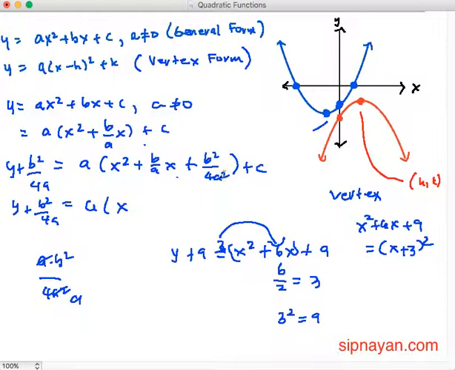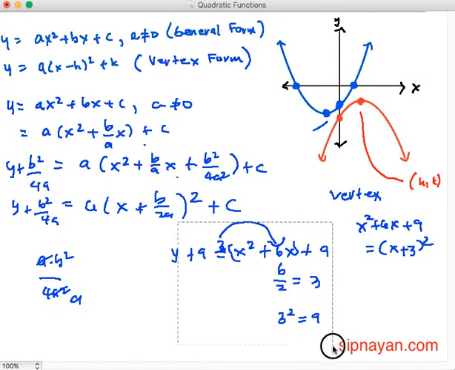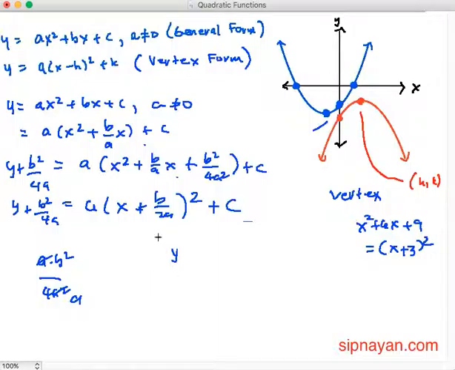Get the square root of this. b over 2a. And then, check the sign. It's plus. And then, plus c. This is yung plus c natin. Kinopya lang natin. I think we are done with this. Gusto natin y lang yung sa kaliwa.